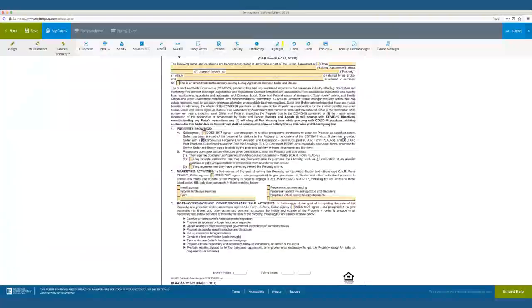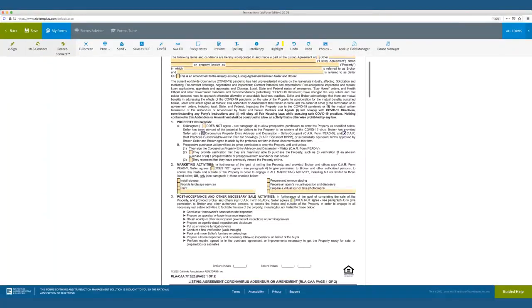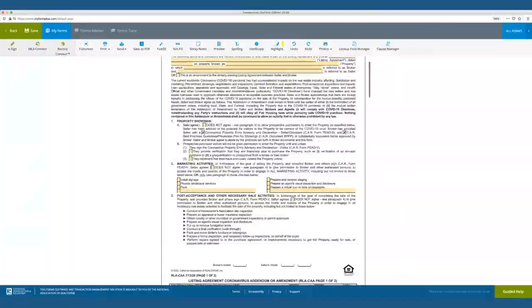So then we go to prospective purchasers. Visitors will not be given permission to enter until they sign a PED. A PED-V actually. We all have heard about the PEDs. And then they have another couple of choices.